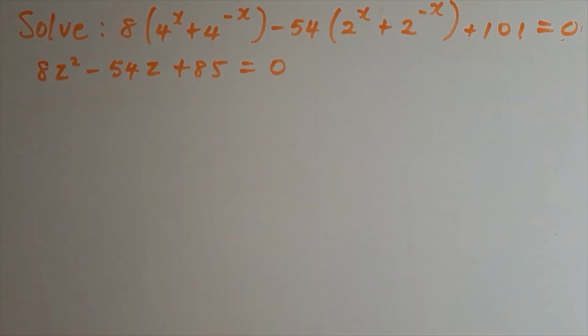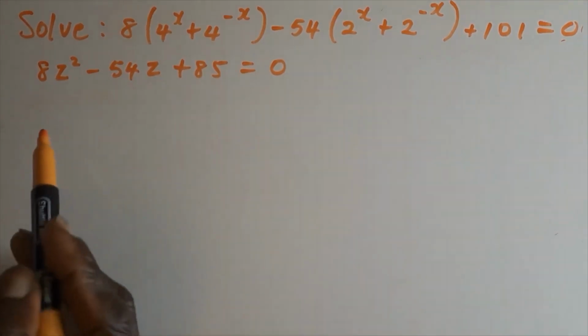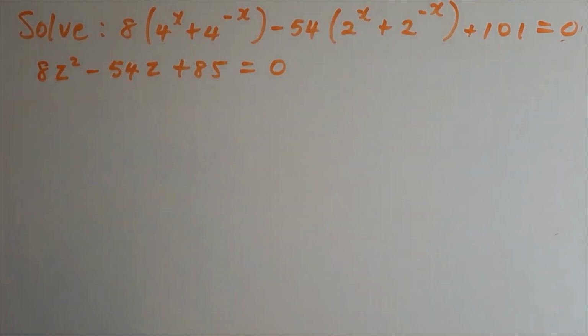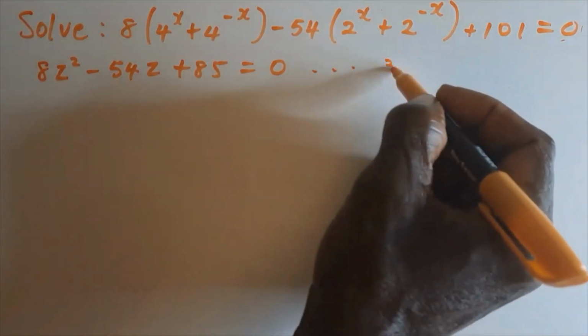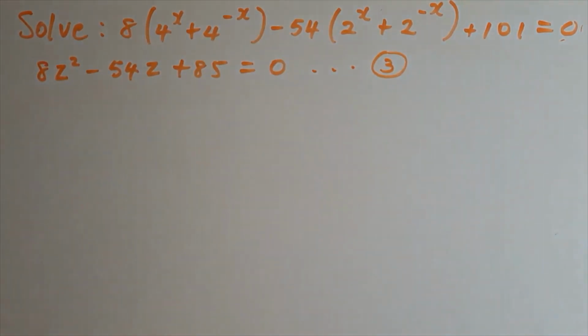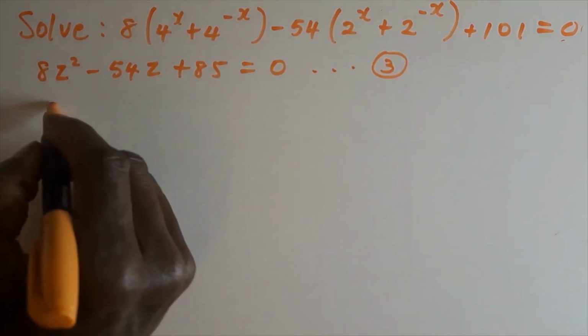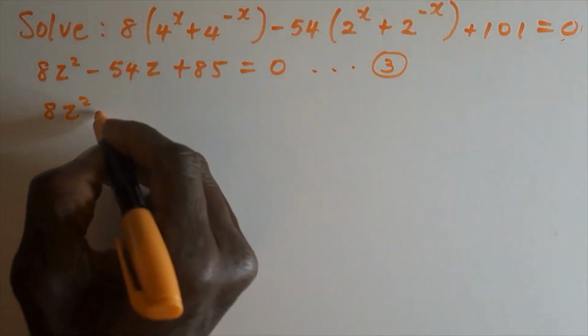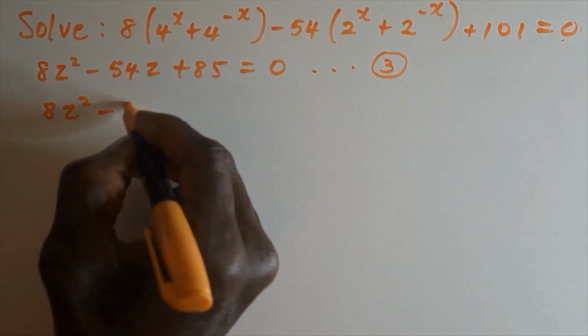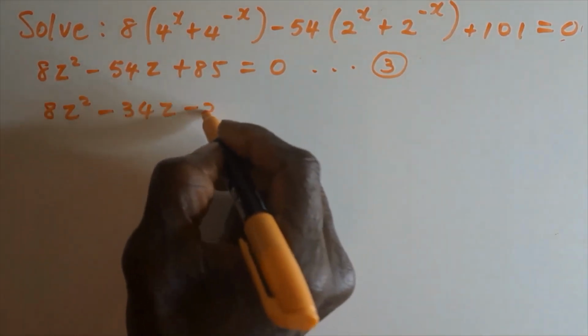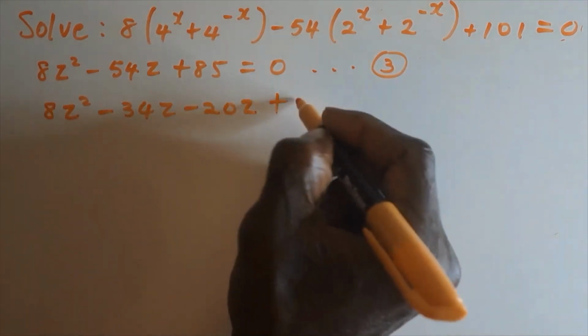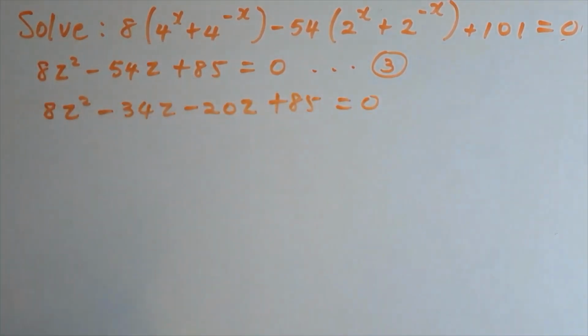Right, if you recall from the first video, part 1, this is equation 3. So now we're going to work in reverse. Here we'll solve this quadratic in z and find the two values of z that satisfy this quadratic. So we can rewrite this 8z squared as minus 34z minus 20z add 85 is equal to 0.